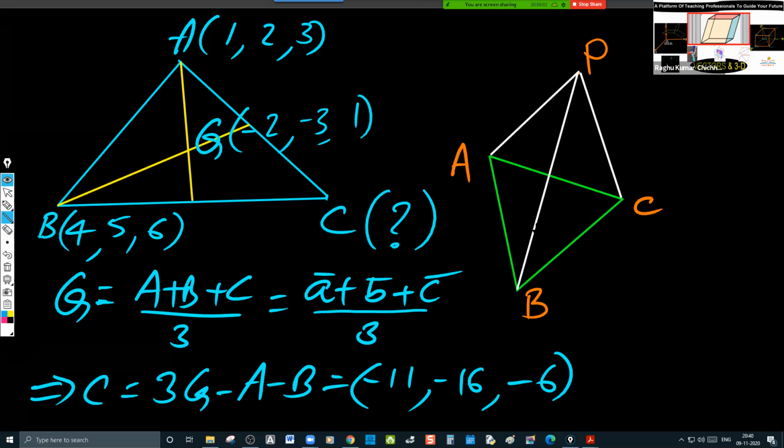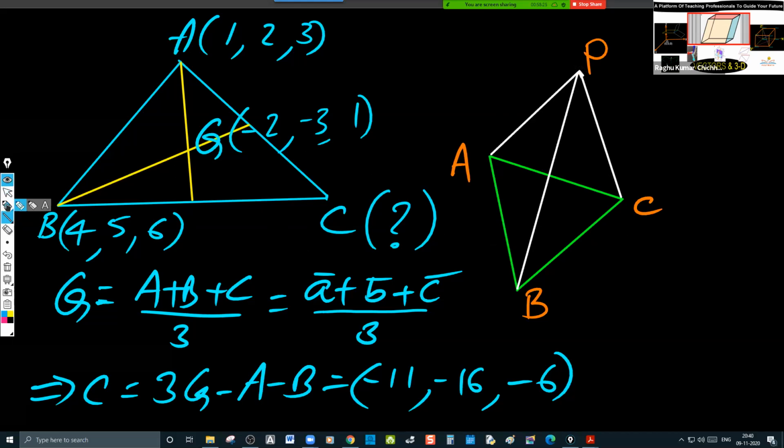This forms a tetrahedron. Now, what makes the difference between the centroid formula of a triangle and the tetrahedron? No difference at all, except one extra coordinate.